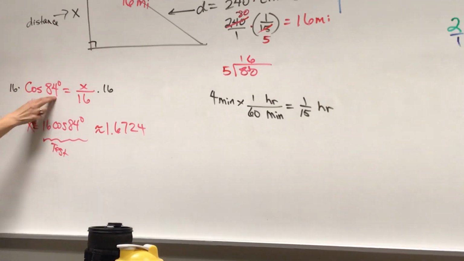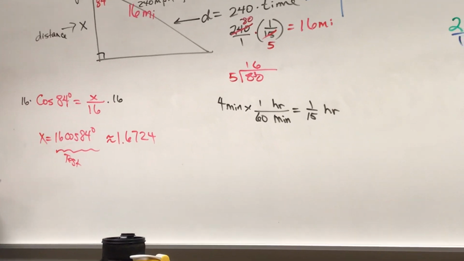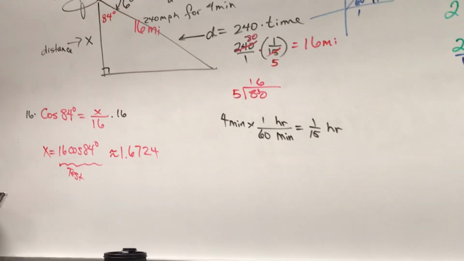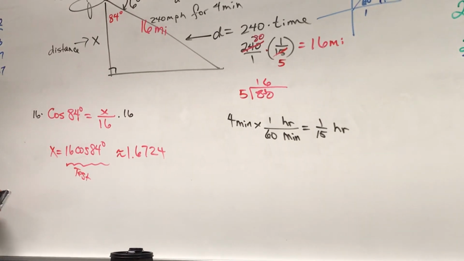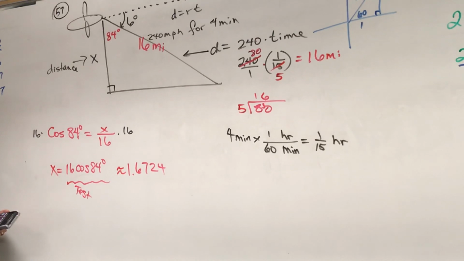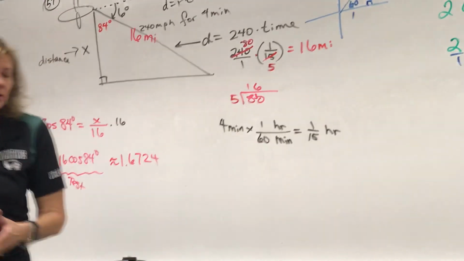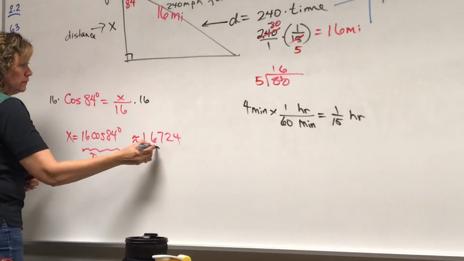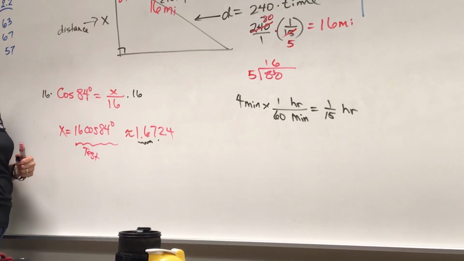Remember, at the very end of class on Wednesday, we talked about the rounding that is introduced in this section and will be carried out throughout the course. When I have my angle to the nearest degree, how many significant figures do I give my answer as? Side lengths get given to 2 significant figures. So we're going to look right here between the 1.6, but that 7 is going to do what?